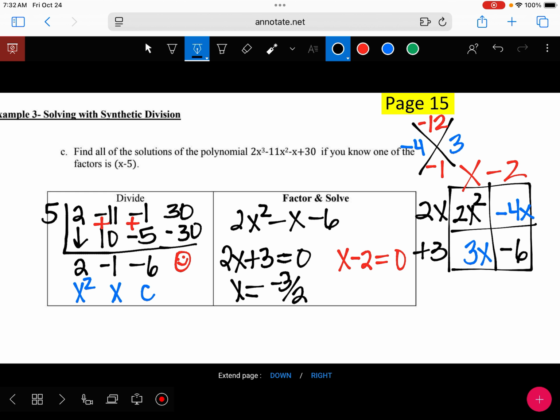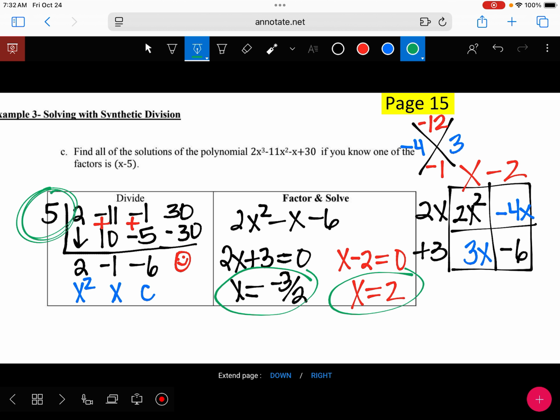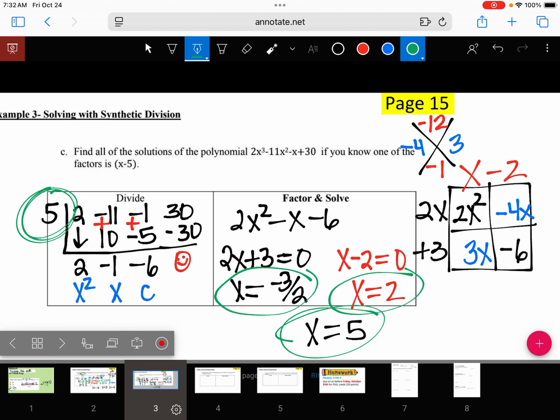So you should get x equals negative 3 over 2, which is the same as x equals negative 1.5. You should also get x equals positive 2. So this is my solution. This is my solution. And remember this 5, that's also a solution, x equals 5. Okay? That is it. All right, a couple more and then we are done.